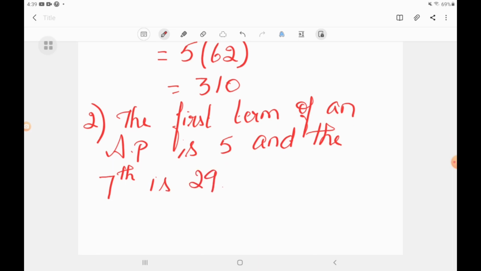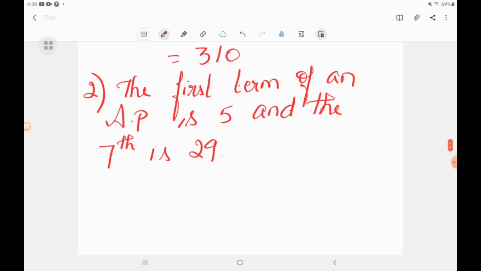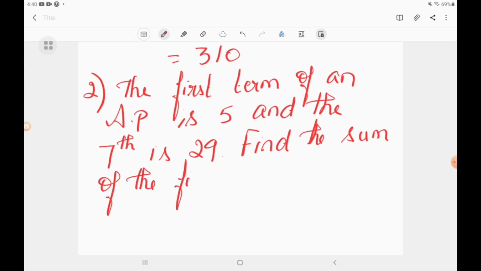Find the sum of the first 10 terms of the sequence.